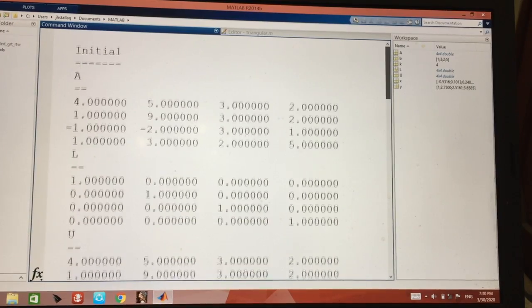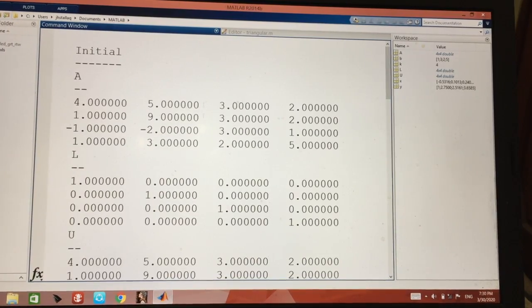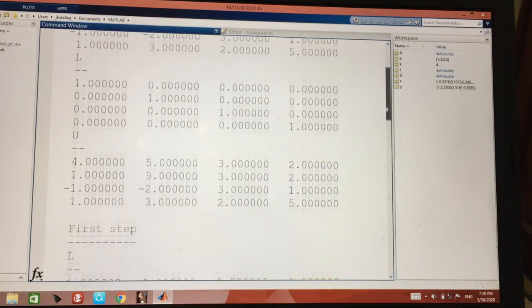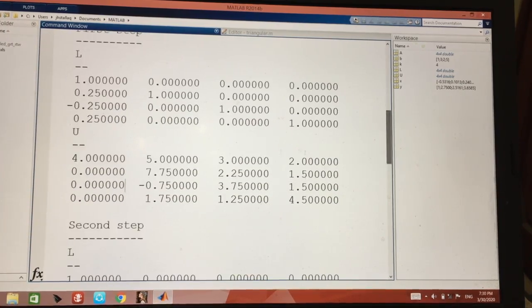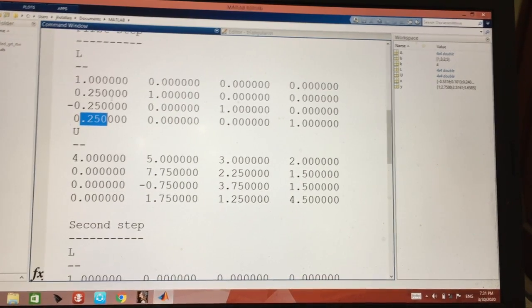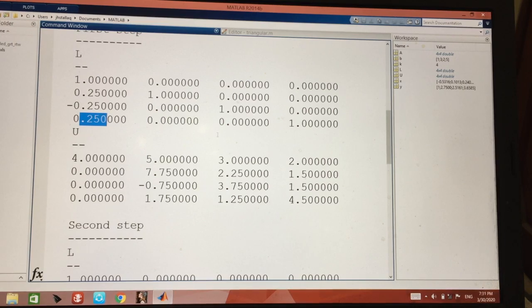This is the original A = LU. A is the matrix, L is the lower, which is the identity matrix, and the upper is A. We didn't do anything yet. In the first step, we get the lower, these 3 elements, 0.25, minus 0.25, 0.25, inserted in the first 3 elements in the first column, while the rest of the elements are kept the same.